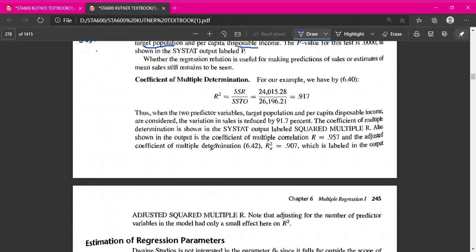Okay, this is the example to find the R square from the previous example. So here we get 0.917 R square. Kalau nak interpret, you boleh multiply dengan 100. So, kita boleh tengok the value is 91.7%. So, bila ada dua variable in our model, dia punya total of variation is 91.7%.